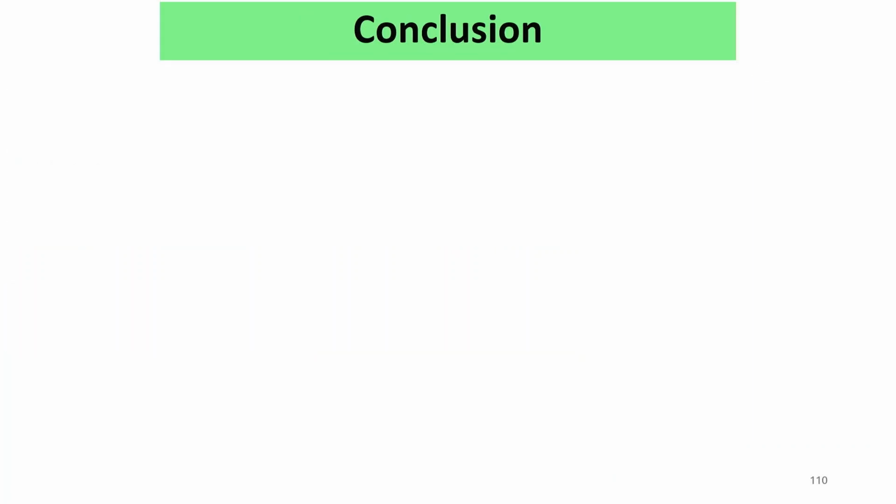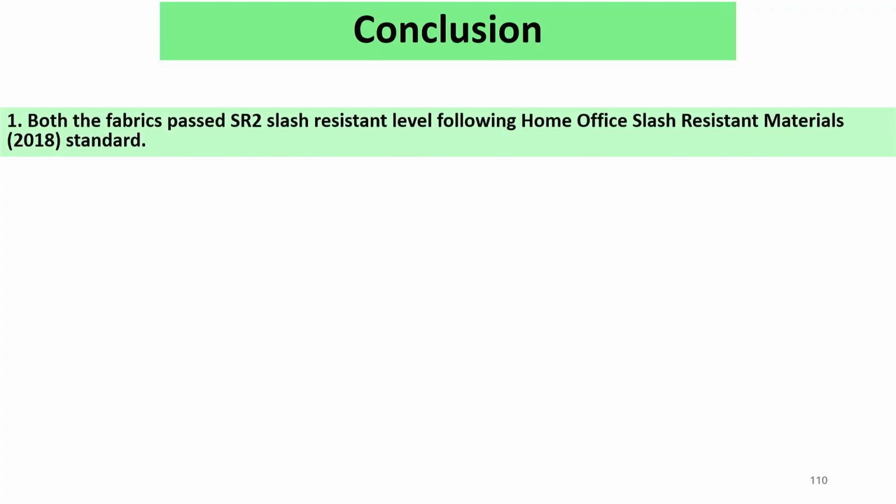So, the overall conclusions are that both fabrics pass SR2 slash resistant level. So, both the glass core and stainless steel core, all the fabrics pass the SR2 level of standard.